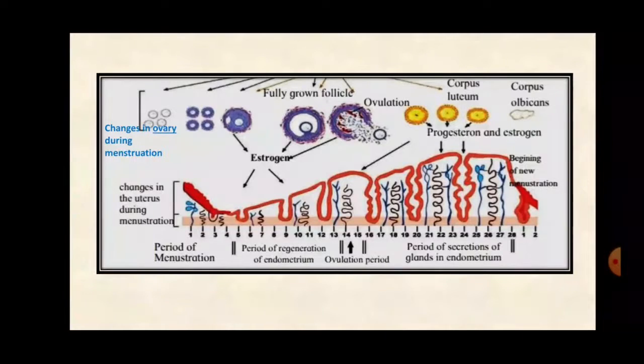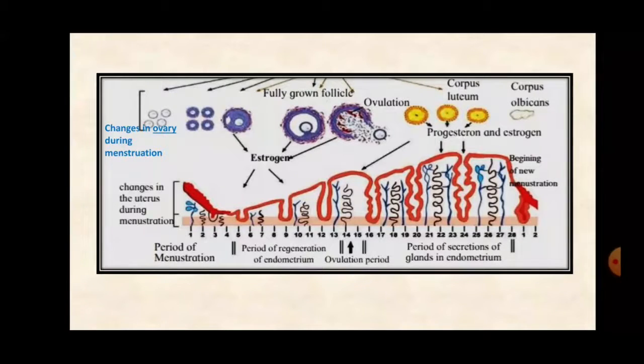So the degenerating endometrium and the unfertilized ovum that is present in the oviduct together are discarded out through the vagina. Clear? The ovum that is awaiting fertilization in the oviduct has not been fertilized. So this unfertilized ovum, remember it is unfertilized, and the endometrium which is now degenerated, both together are discarded or removed out through the vagina.